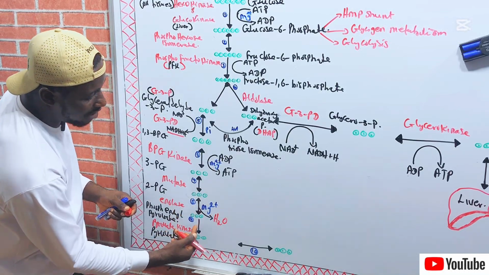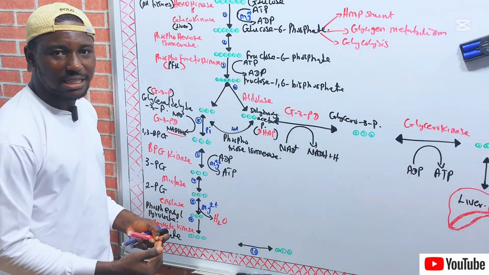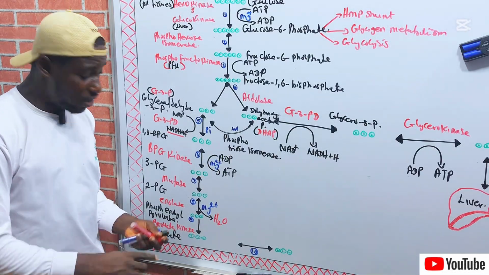All of them have three carbon molecules. You have to understand that ATP is generated here, so it is also a substrate level phosphorylation of glycolysis, right?